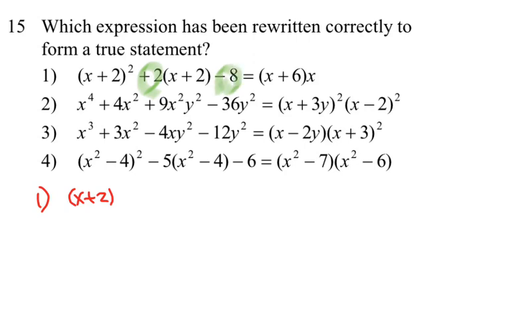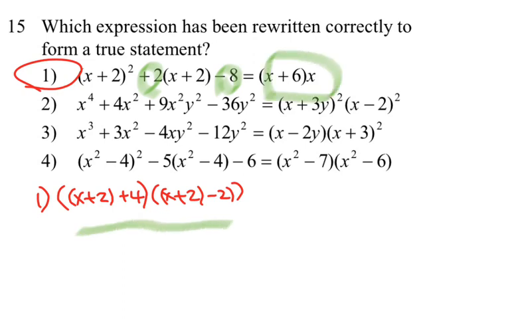So which two numbers multiply to negative 8 but add to 2? In fact, it is 4, and then x plus the quantity subtracting 2. Now, we realize that that's essentially equal to x plus 6 times x.